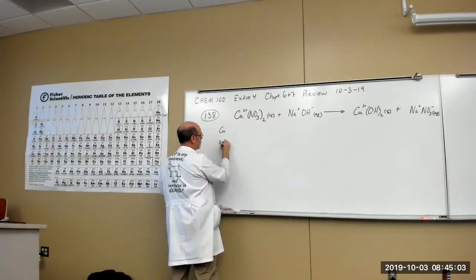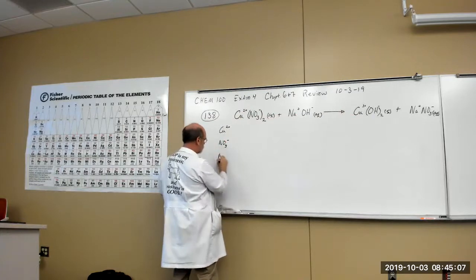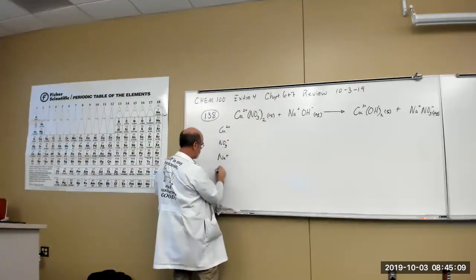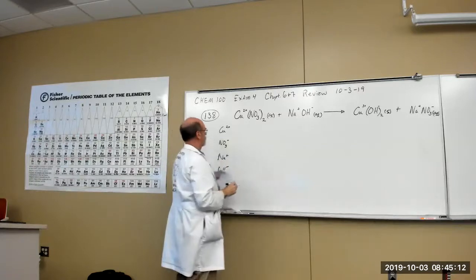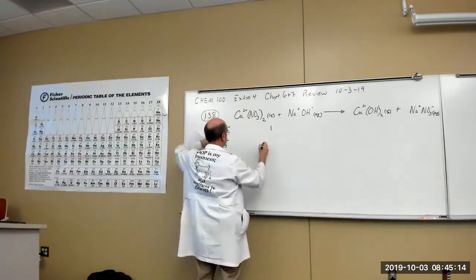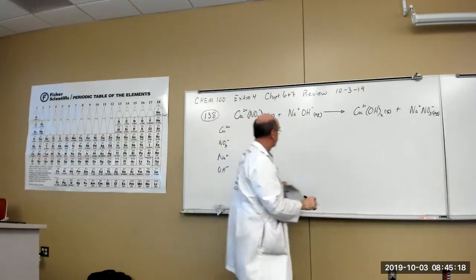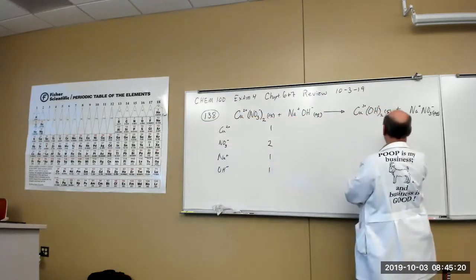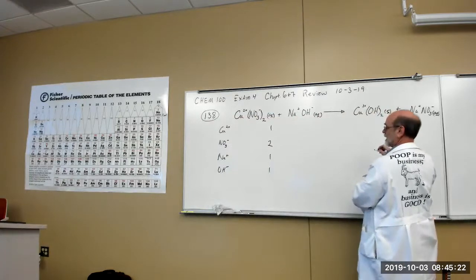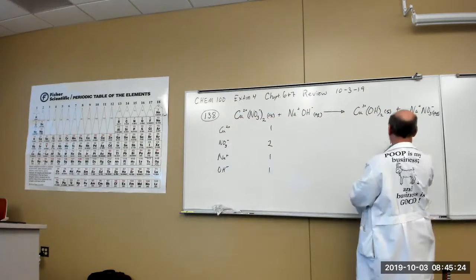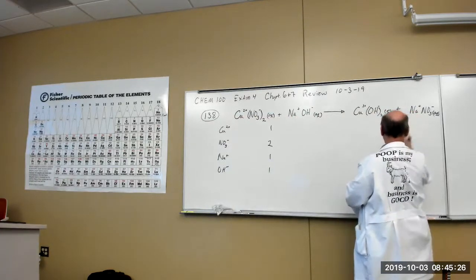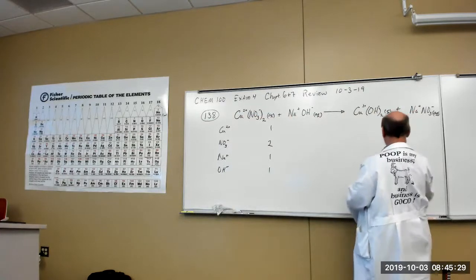Copper, nitrate, sodium, and hydroxide. We have 1 copper here, and 2 nitrates, and 1 sodium, 1 hydroxide. On this side, we have 1 copper, again, 1 nitrate, 1 sodium, and 2 hydroxides.